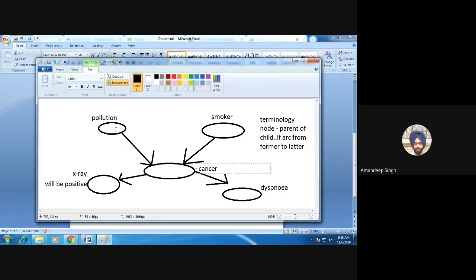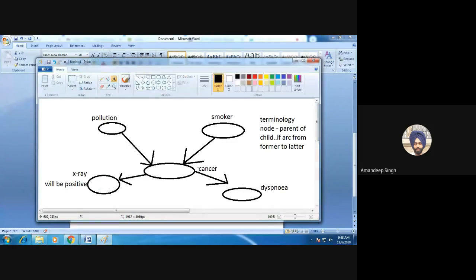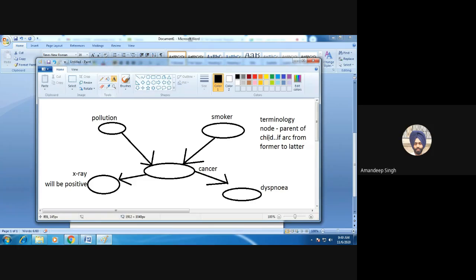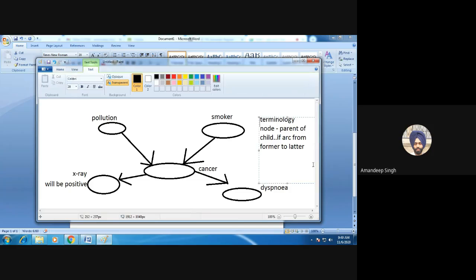And similarly for these two nodes, that is this X-ray node and this dystonia node, the cancer node is acting as a parent node. Fine. And these are the child nodes of this cancer node. Fine.